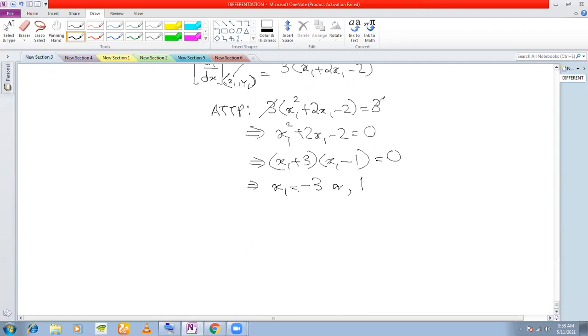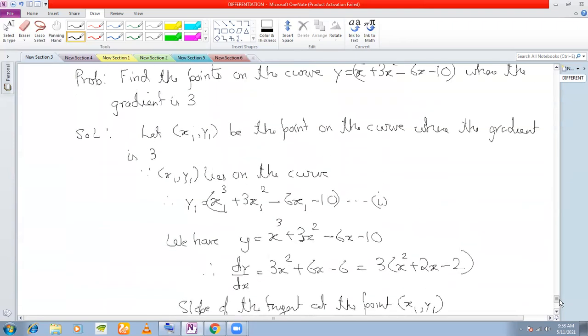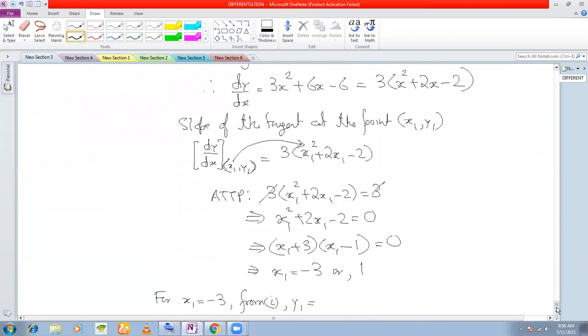See, you're getting two values of x1. So correspondingly, you must get two values of y1 also. For x1 is equal to minus 3, from 1, what is the value of y1? Put it there. Y1 was, from this equation, x1 cube plus thrice x1 square minus 6x1 minus 10.